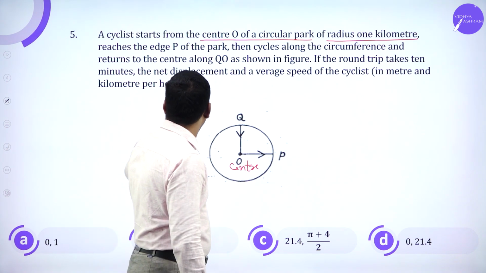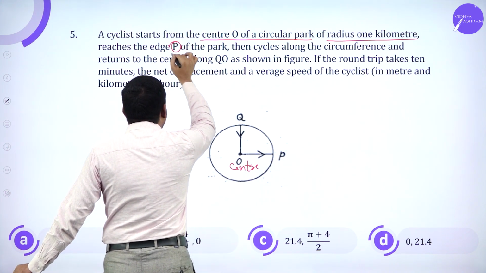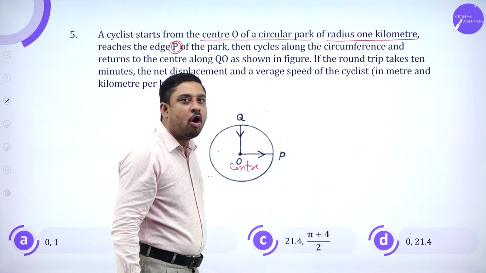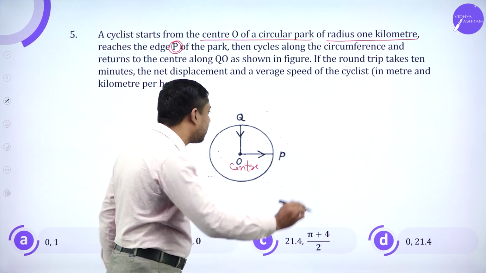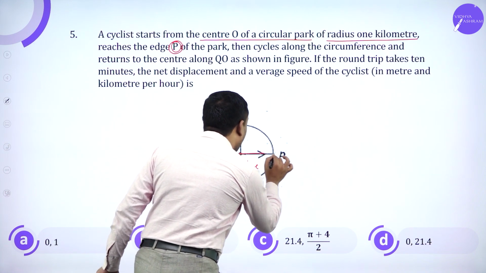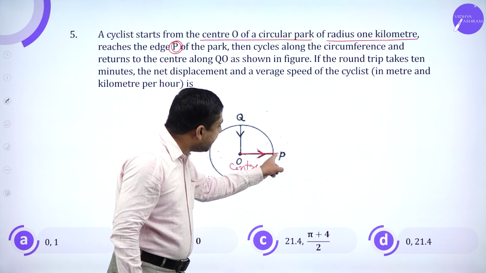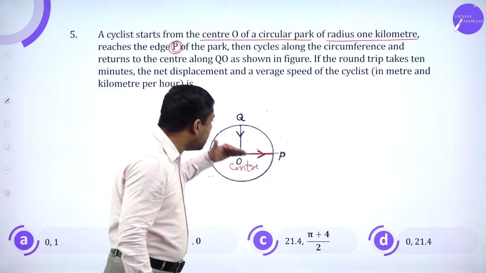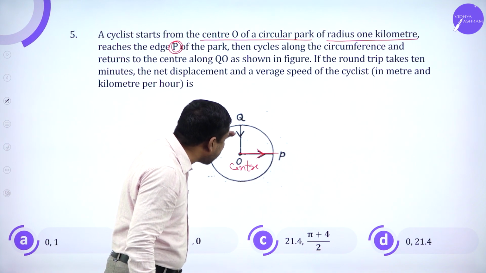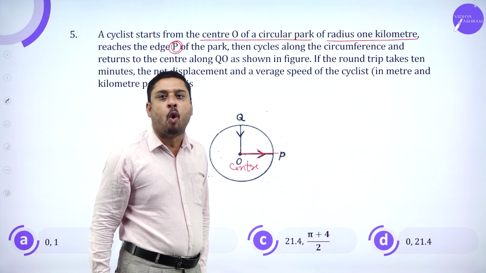Now he reaches the edge P of the park. So first he is traveling along the direction OP.